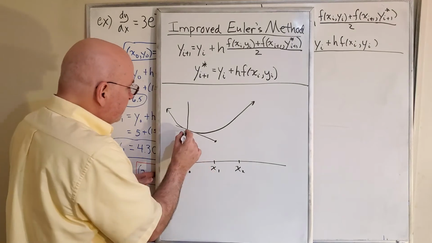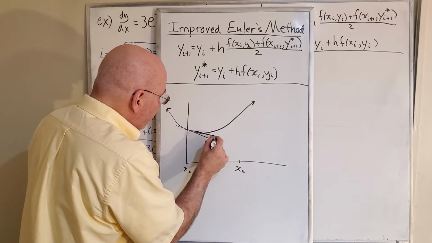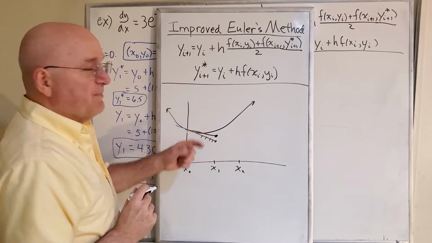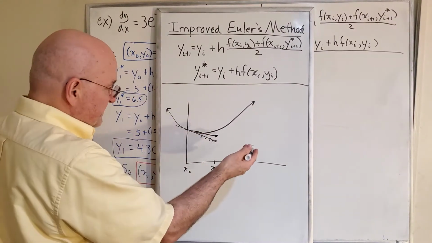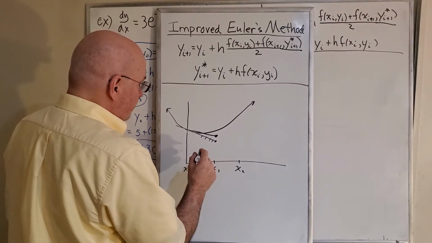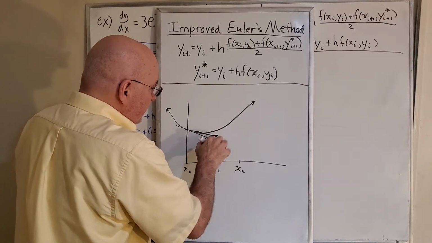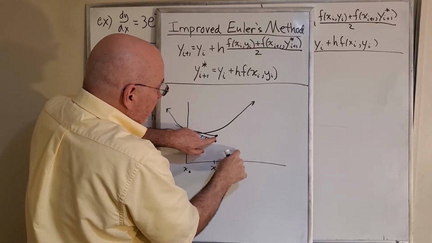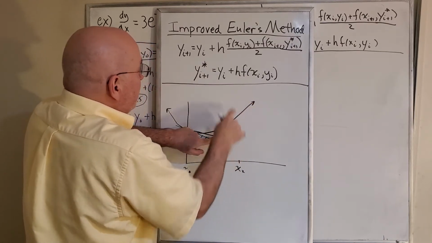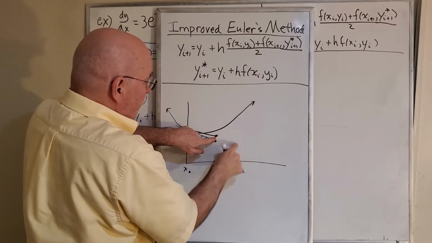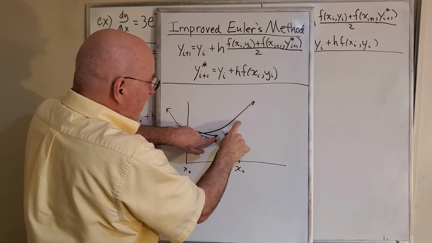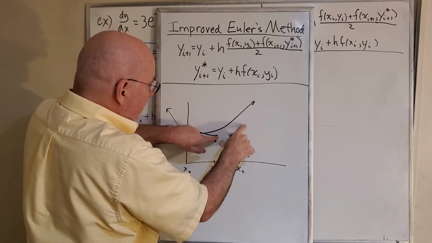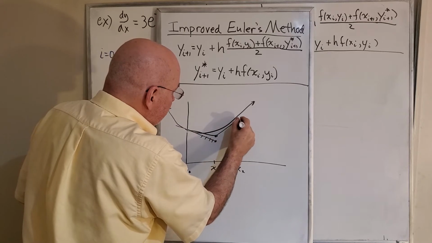So it's very likely it's going to produce something more like that, getting us much closer. And then in the next step, we're going to do the same thing. Rather than just taking the slope of this and drawing a straight line, let's jump out to x2 and figure out what our estimate using regular Euler's method would be. Say it's here. Grab this slope by plugging it into f of x, y. Average those two slopes, and maybe we end up here.